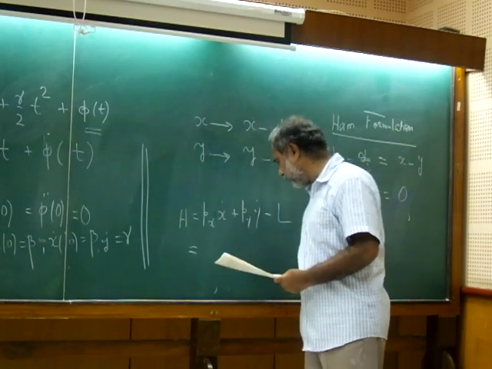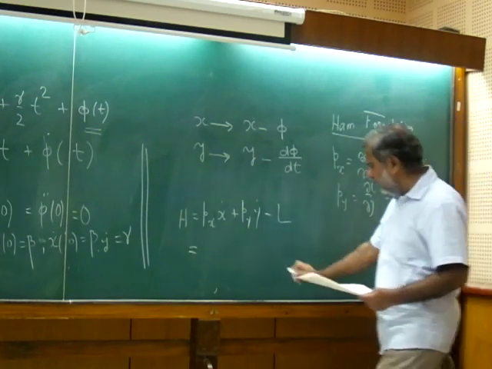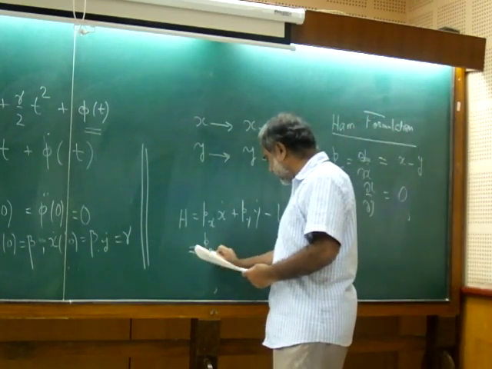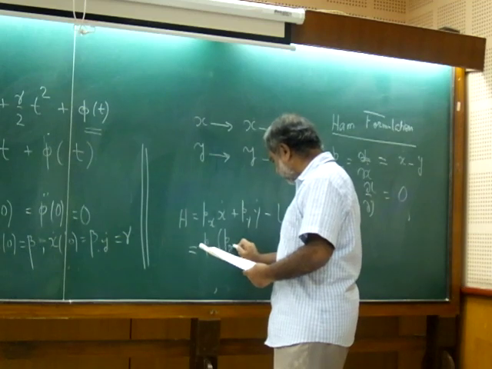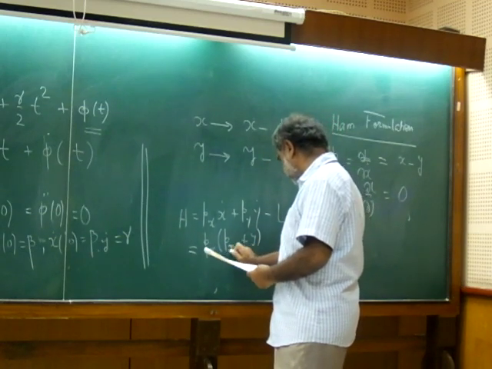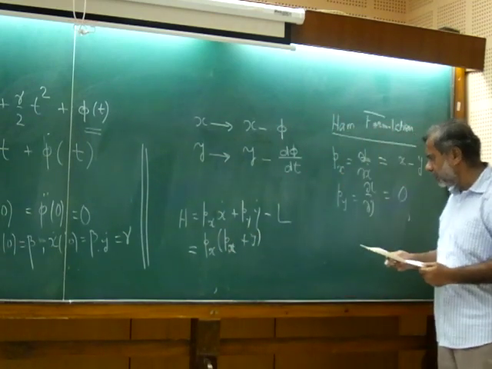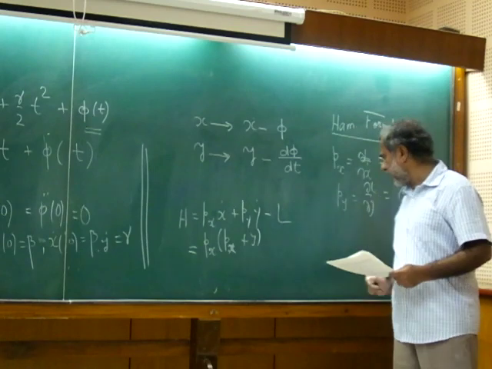Now you see the fun. So x dot is no problem. You just write Px times Px plus y. This is Px plus y. Then Py y dot.